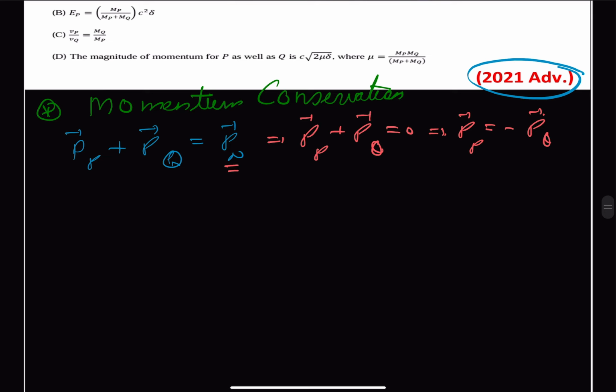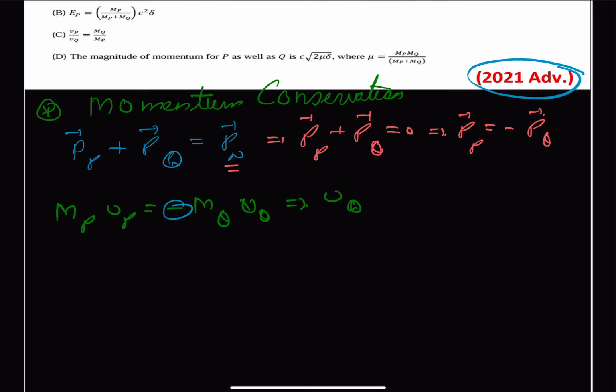Momentum we can write in terms of mass and velocity. Mass of P times velocity of P is equal to minus mass of Q times velocity of Q. This negative sign only signifies the direction, so for simplicity we can just ignore it.